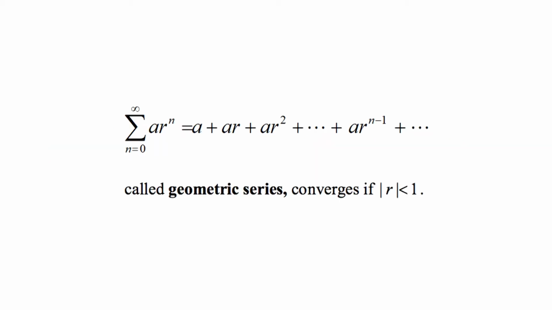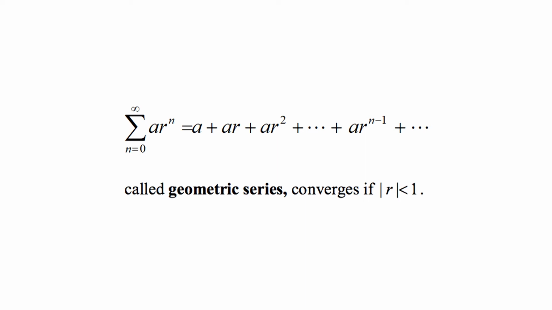The series summation a r power n, where n is from 0 to infinity, equal to a plus ar square plus etc. plus a r power n minus 1 plus etc., is called a geometric series, and it converges if absolute value of r is less than 1.